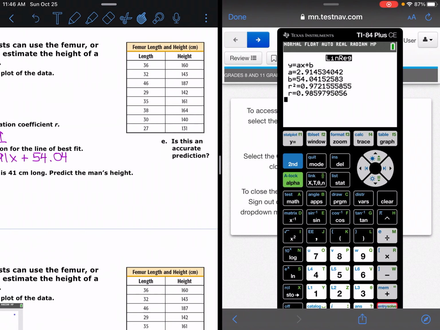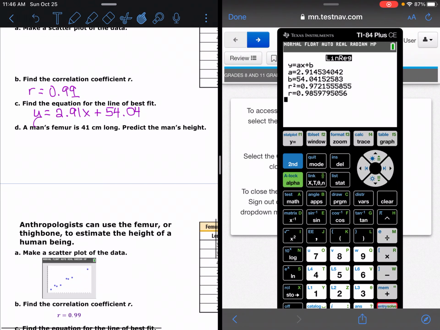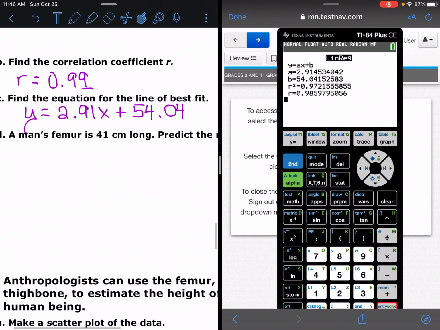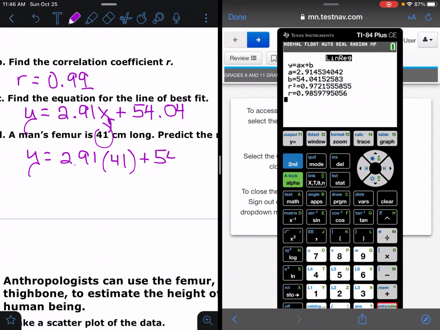So if I look at that table, x, y, what did they just tell me? They told me the femur length is 41. So I'm going to take this value and put it in for x. So y equals 2.91 times 41 plus 54.04.